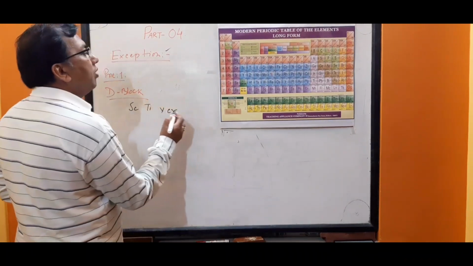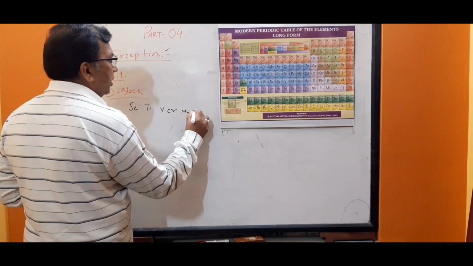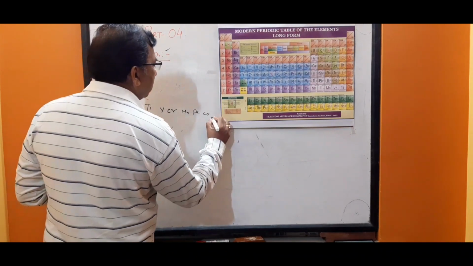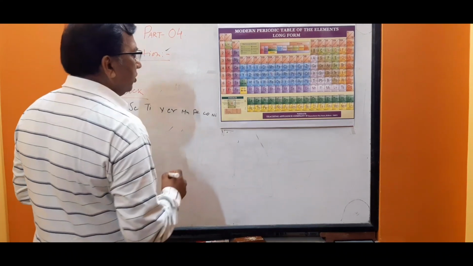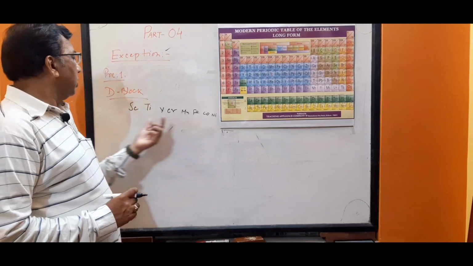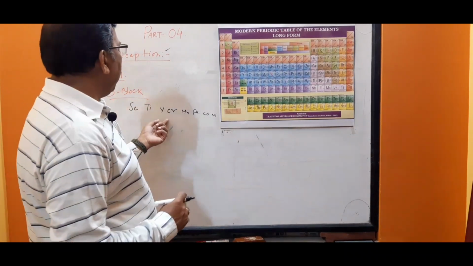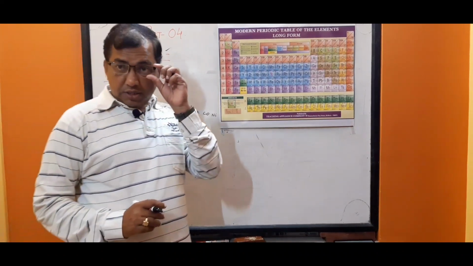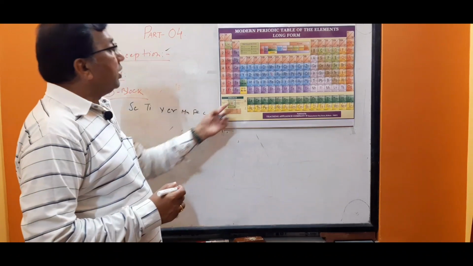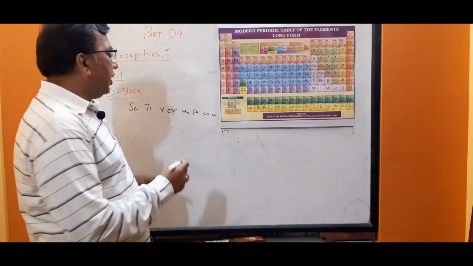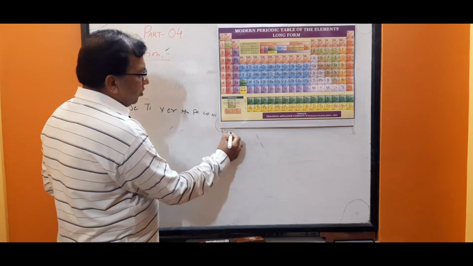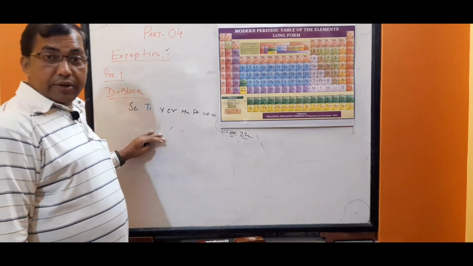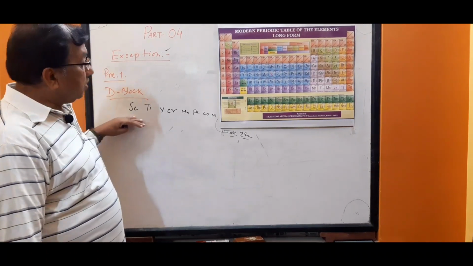Then chromium, manganese, iron, cobalt, nickel. Okay, up to this: scandium, titanium, yttrium, chromium, manganese, iron, cobalt, nickel. In this case also there are copper and zinc. I have not written them here. If you write copper and zinc out here, you may write them. So what we see is that it is in this way.